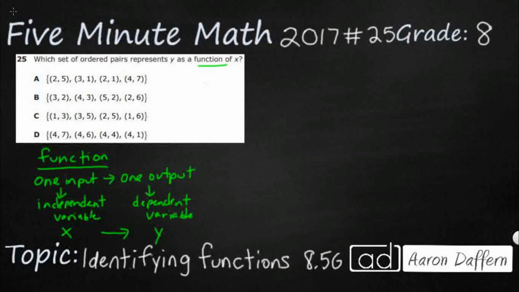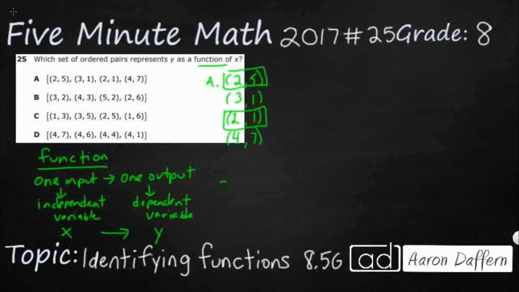So let me do that here. I'm going to take my list here: 2, 5, 3, 1, 2, 1, and 4, 7. And you see we've got a problem here. You see that it's this one right here, 2, 5, and 2, 1.